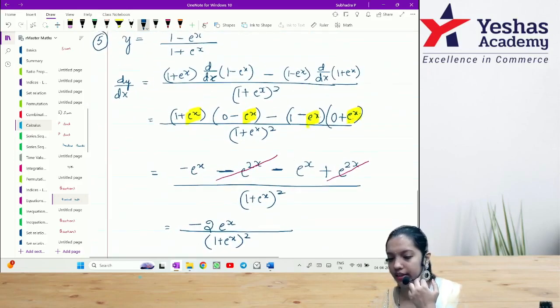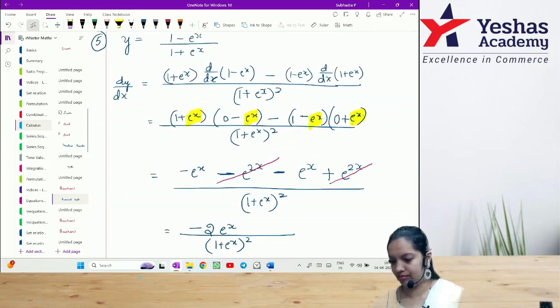It is a little complicated, write down the answer. Did you get this answer? The step is not clear. e to the power x minus 1 plus 1.